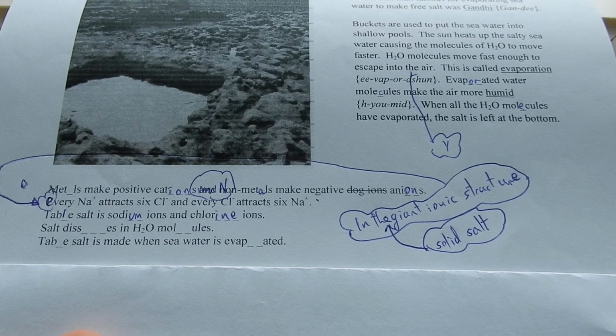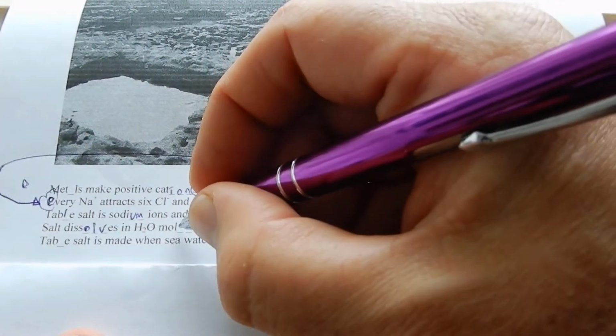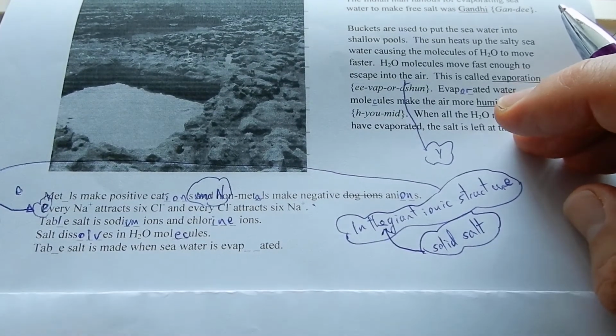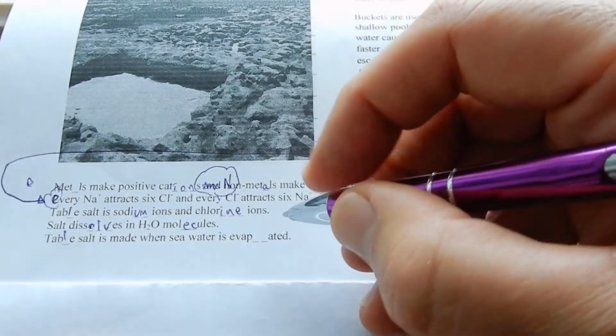Salt dissolves in H2O molecules. Table salt is made when salt water is evaporated.